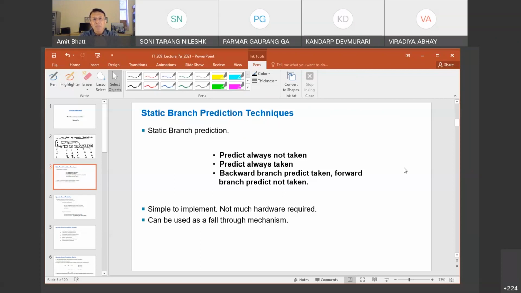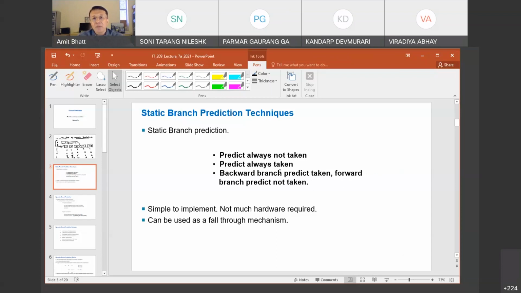Actually, the ARM7, which you are using in your Keil compiler, the ARM7 TDMI processor made by NXP, is using a static branch prediction technique, and it is using a combination of these two: backward branch predict taken, forward branch predict not taken. What it means is, when it is a backward branch, that means if it is a loop, you say always take it.